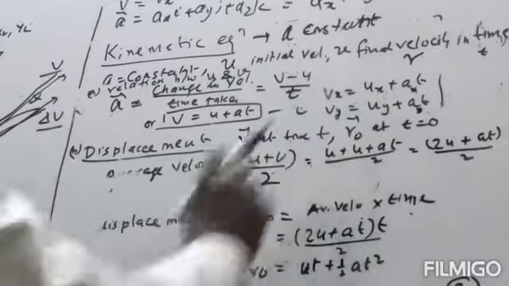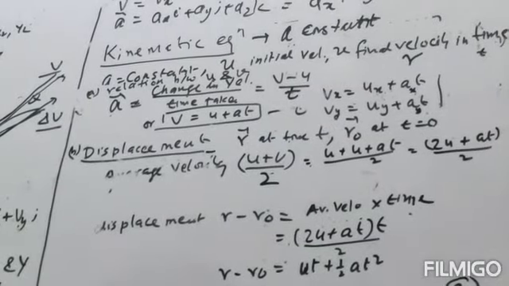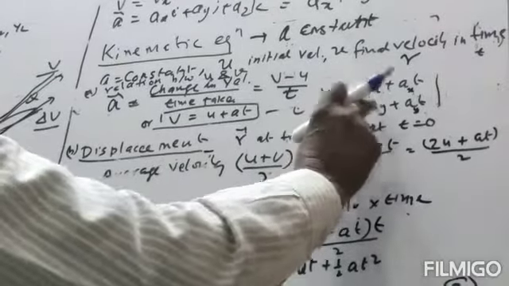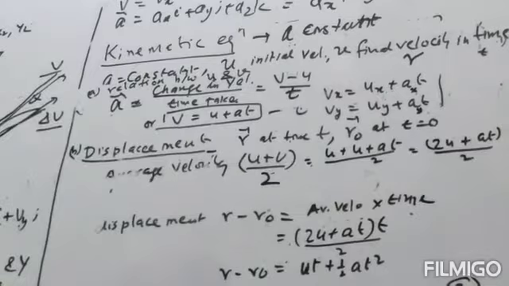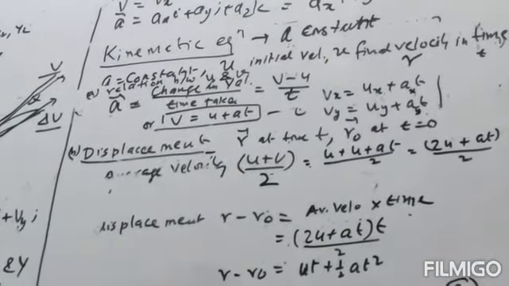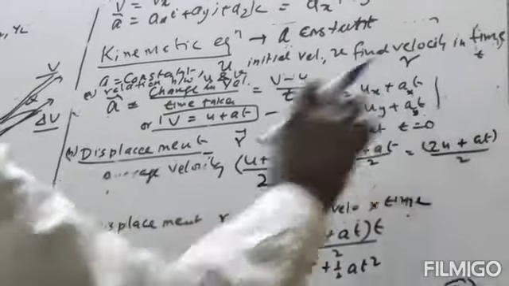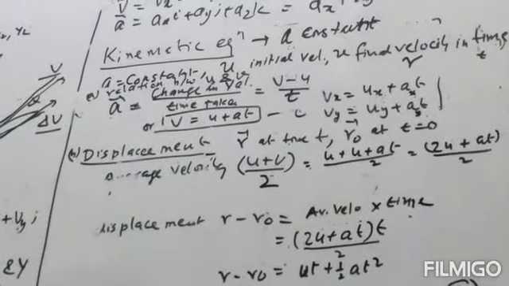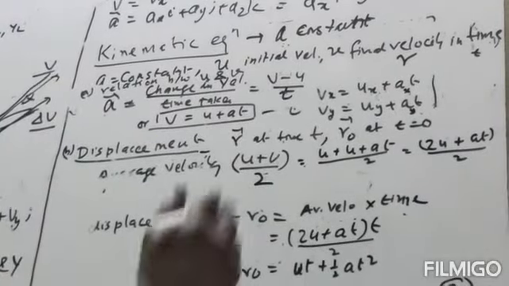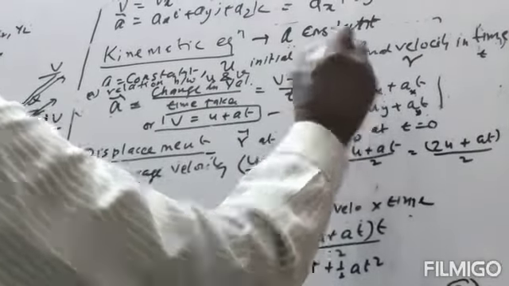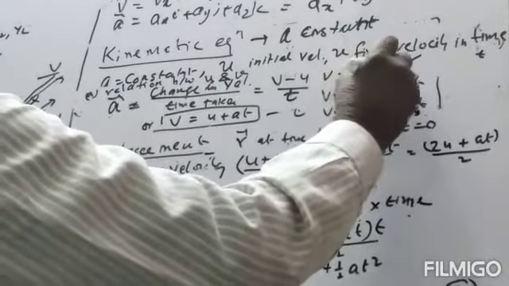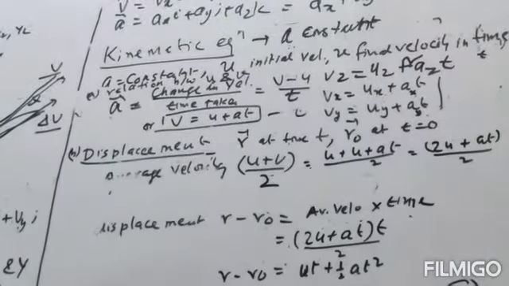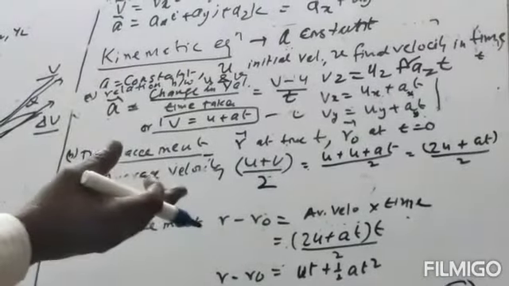Similarly, the velocity in y direction will be equal to uy, the initial velocity in y direction, plus ay, the acceleration in y direction, into time. If it is three dimensions, we can also write vz equal to uz plus az into t. So simply we have to add it.